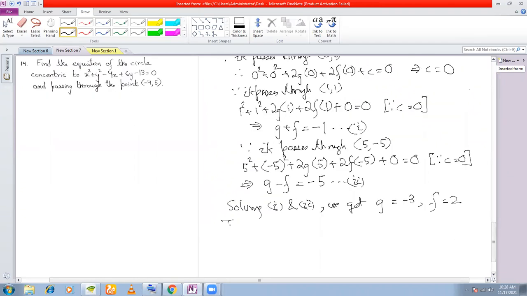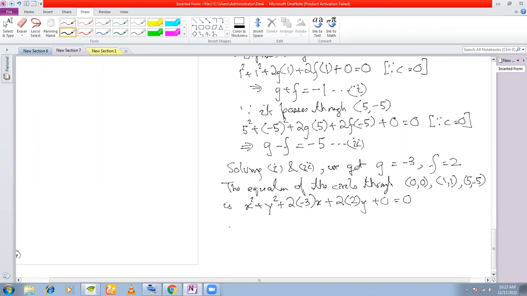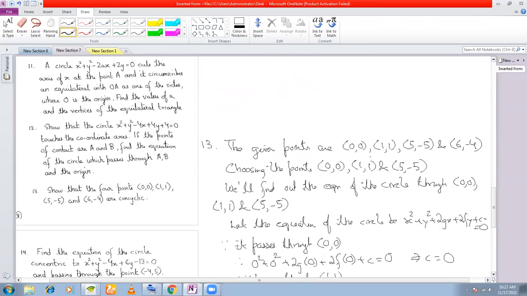So the equation of the circle through the origin, the point 1 1 and 5 minus 5 is x square plus y square plus 2gx plus 2fy plus c is equal to 0, or x square plus y square minus 6x plus 4y is equal to 0. This is the equation of the circle through the first 3 points here, right?